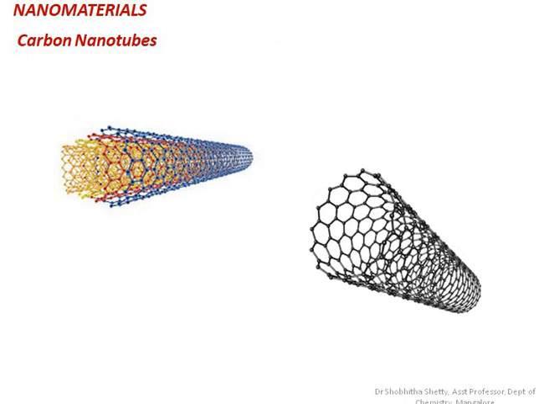So next we will be discussing a few of the nanomaterials. The first one is carbon nanotubes. So what is this nanomaterial? We know the importance of nanotechnology. These nanostructured materials may occur in several different configurations.